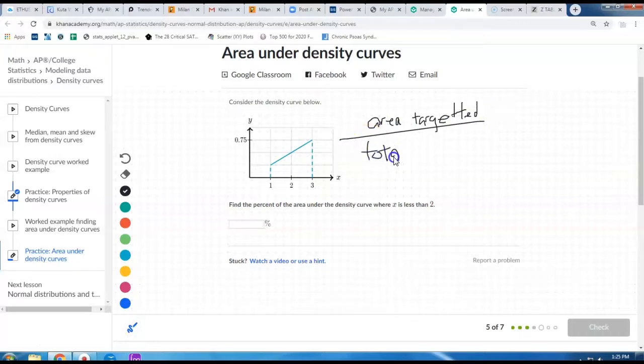But the nice thing about these is a density curve represents all of the possibilities, and therefore the total area under all of these is 1.